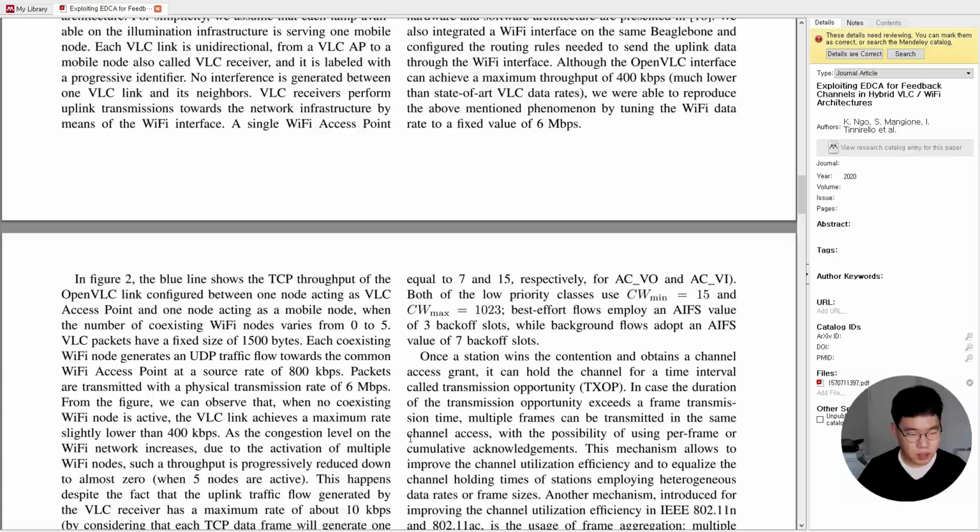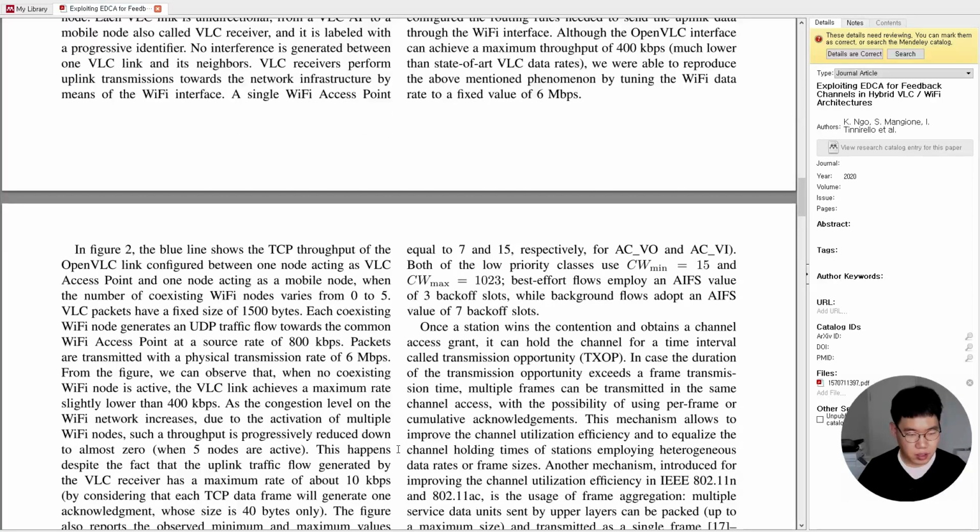This happened despite the fact that the uplink traffic flow generated by the VLC receiver has a maximum rate of about 10 kbps, considering that each TCP data frame will generate one acknowledgement, whose size is 40 bytes only.